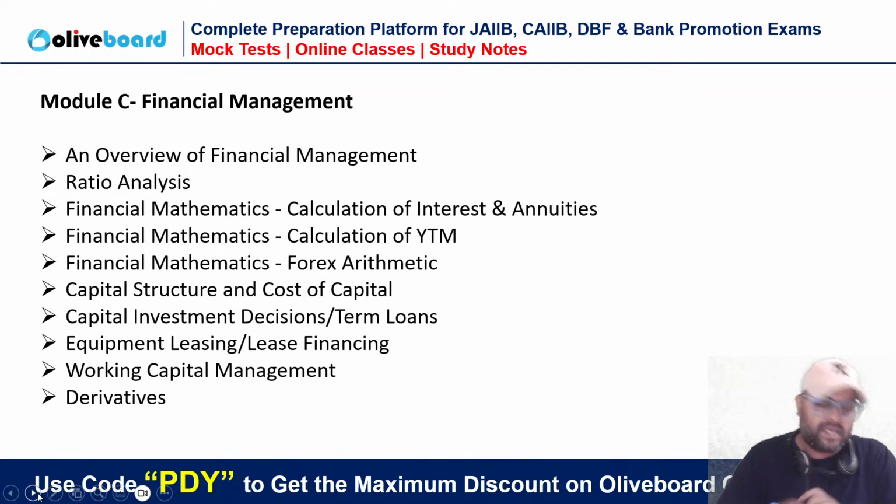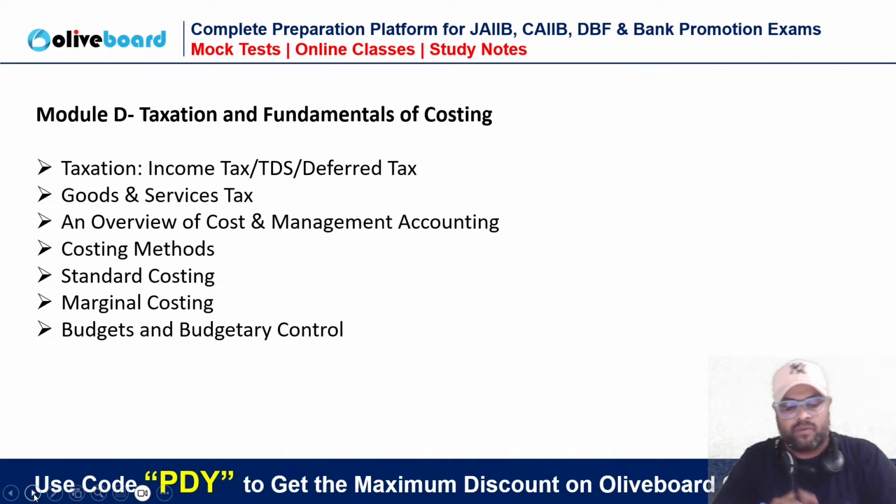Then module C is all about finance and knowledge of financial management, and this particular module will give you insight into the financial analysis of an organization. This also has around 10-11 chapters in it. And then module D, which has around 6-7 chapters in it, deals with 2 different aspects. One is taxation and another one is cost and things related to costings.